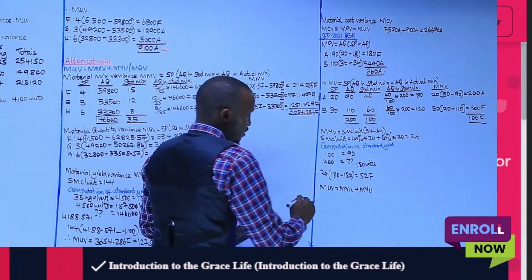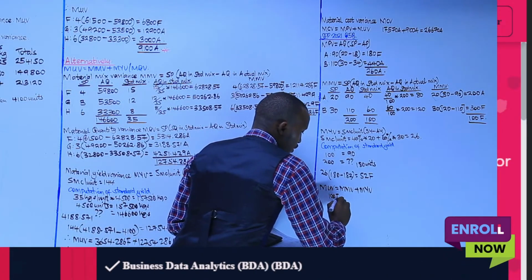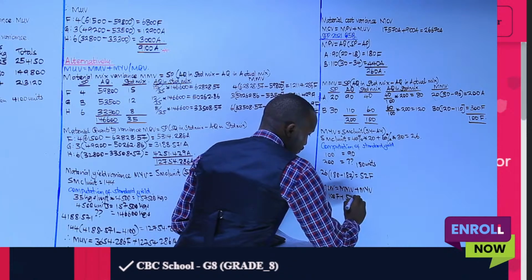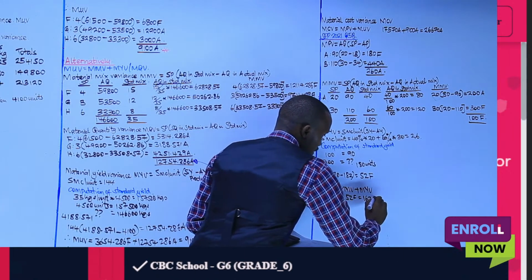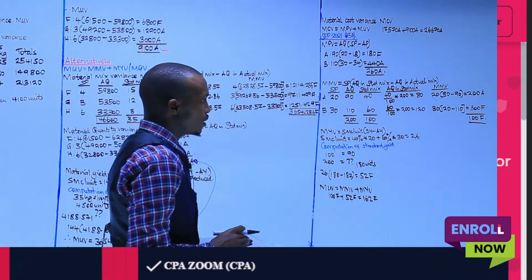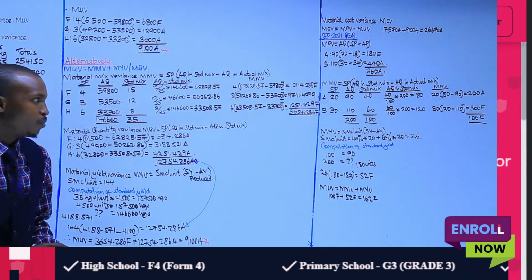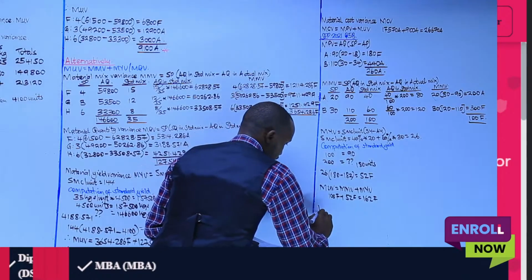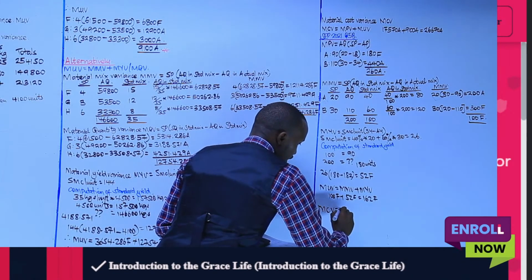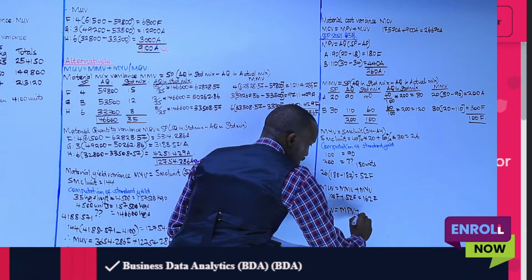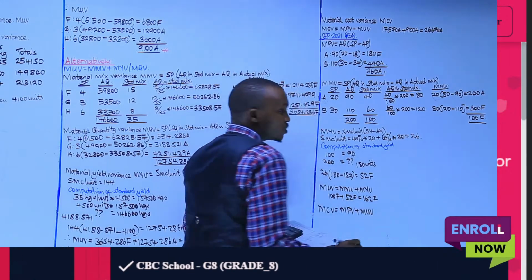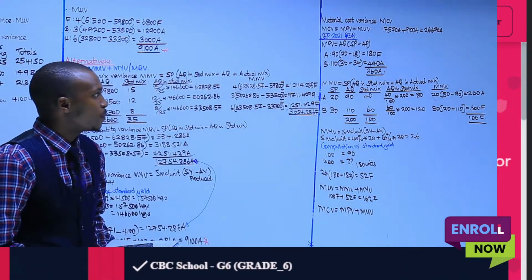Your mix variance is 100 favorable. Your yield variance is 52 favorable. So that is 162 what? Favorable.